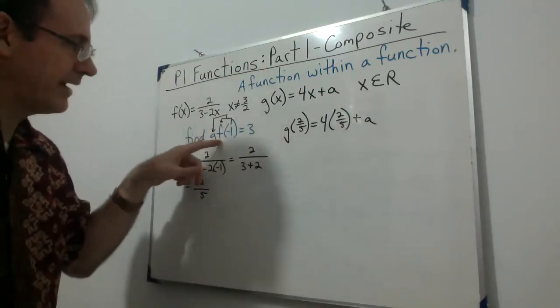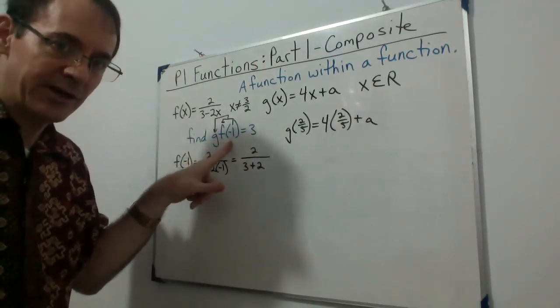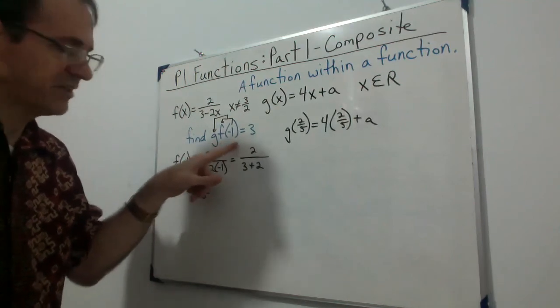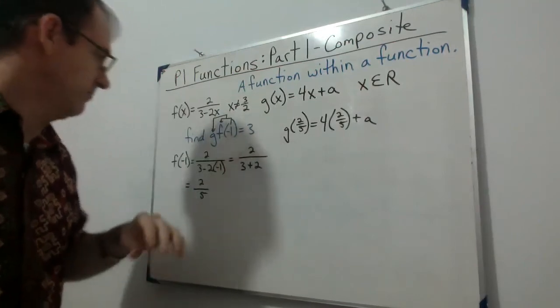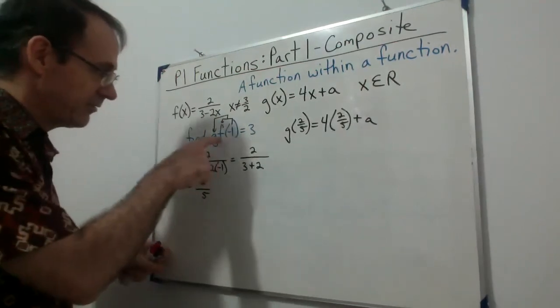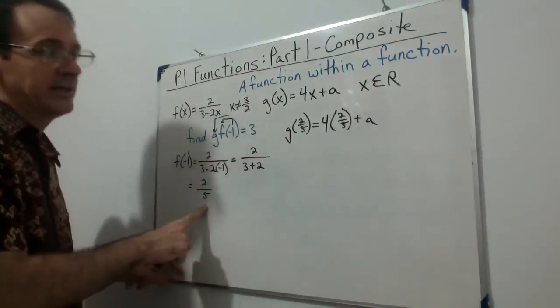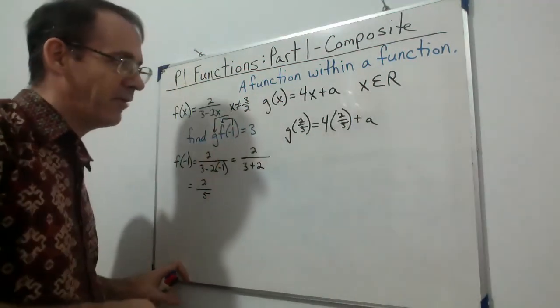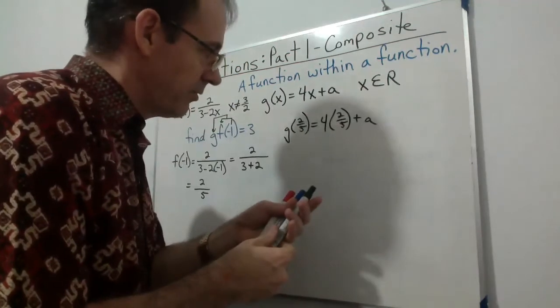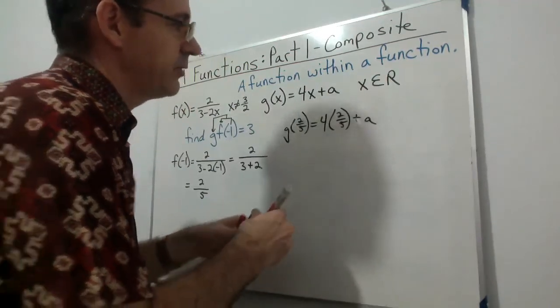You can do it one at a time with numeric values. I think that's an easier way, but you could also do it the algebraic way. So I put in the -1 into f first, simplify it, then put that into the g of f, just work from your inside out.